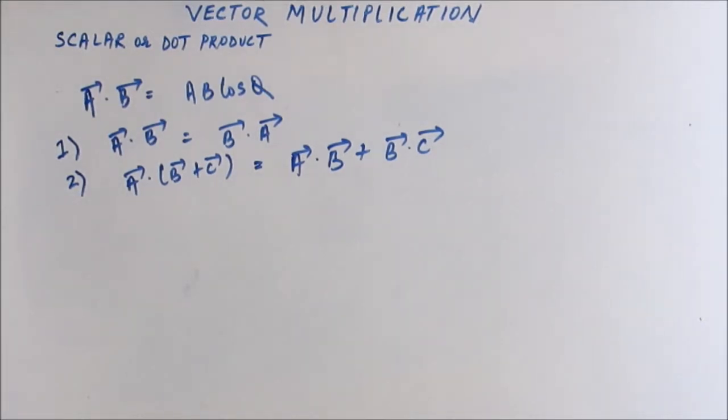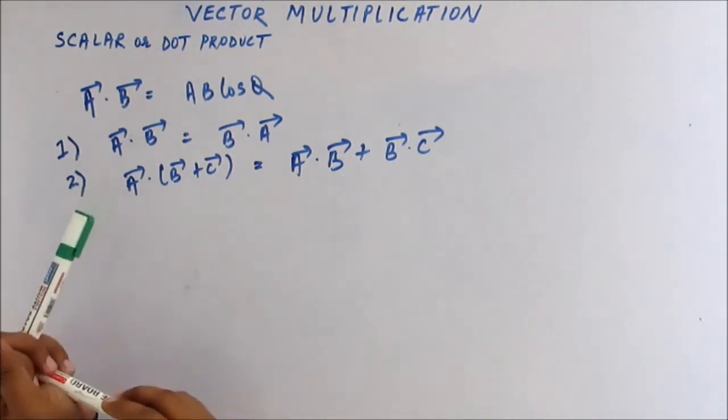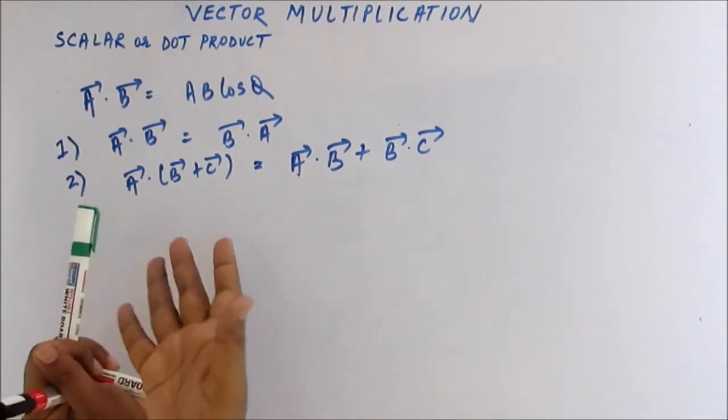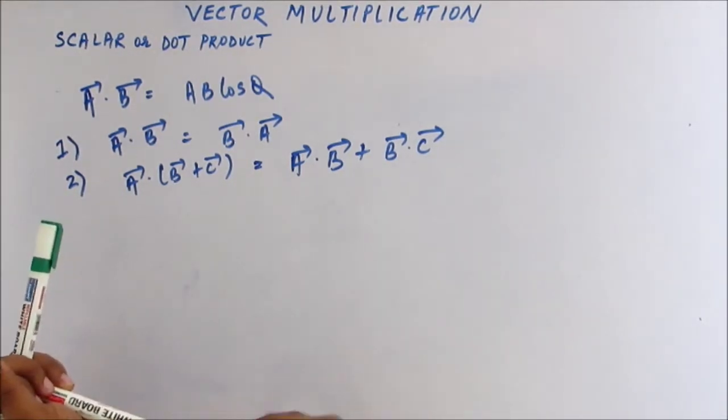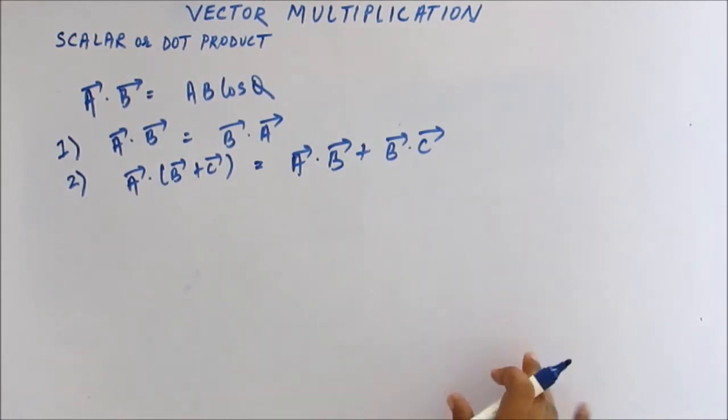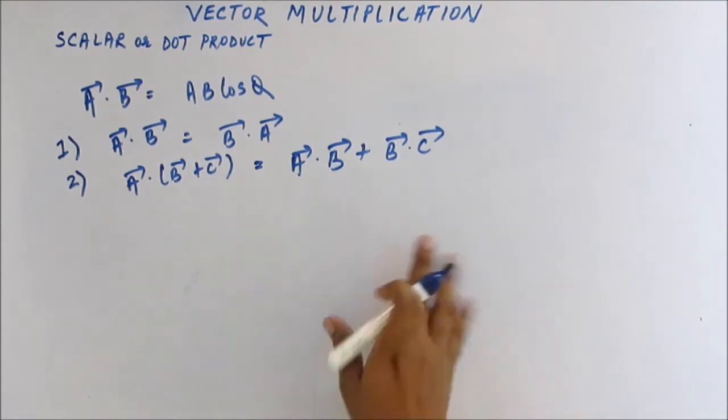You can take three vectors in any orientation, for example like this, and try to do the dot product. You can consider one to be A, B and see whether this property is being verified or not. I'm not giving any formal proof because this is very intuitive and natural. You can verify in certain instances. Do that, please.